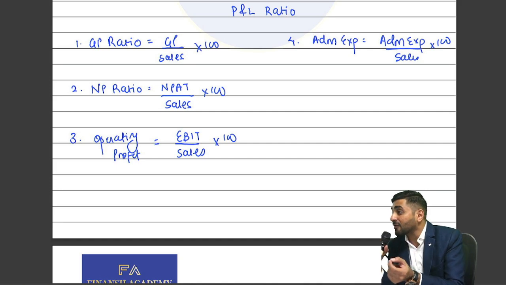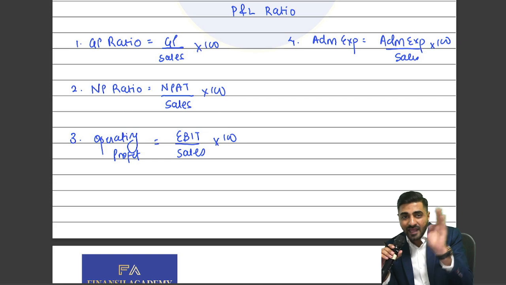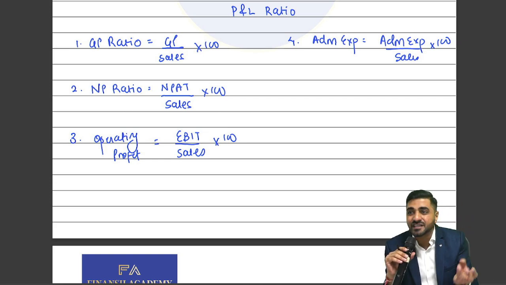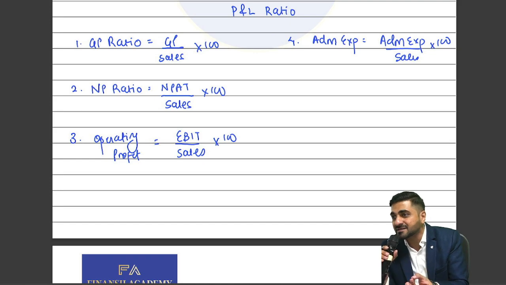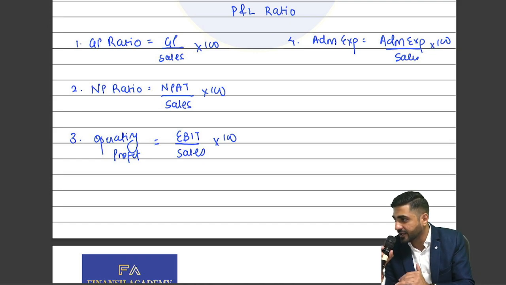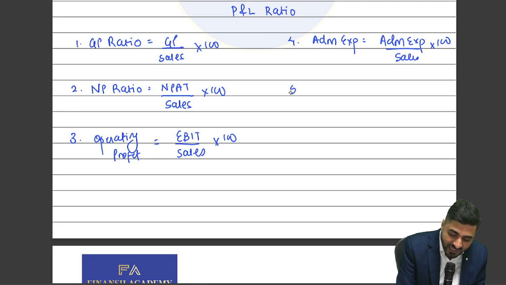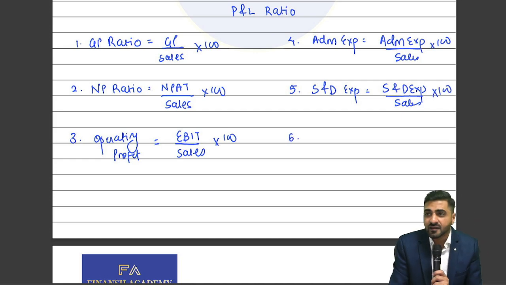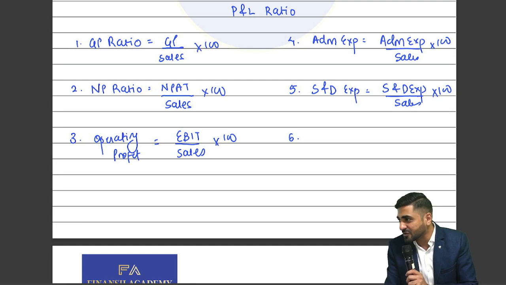Because when I talk about administrative expense ratio, we are talking about the items in your P&L account which deal with your office administrative expenses, compared with sales. Then what about selling and distribution expenses ratio? Selling and distribution expenses upon what? Sales into 100.